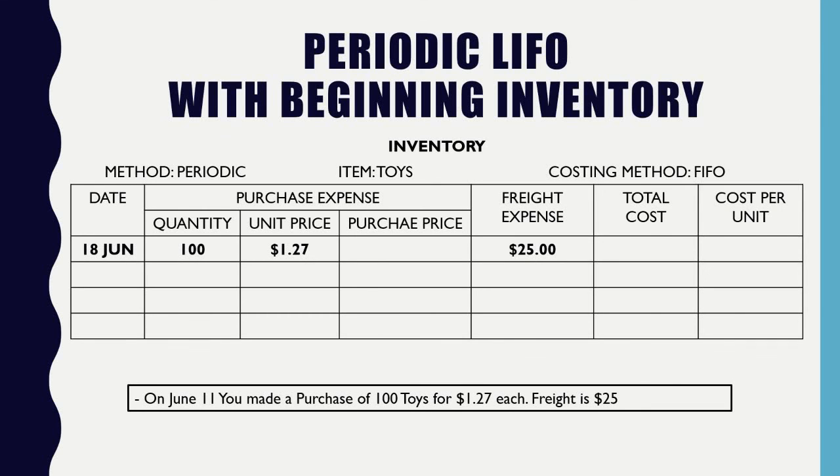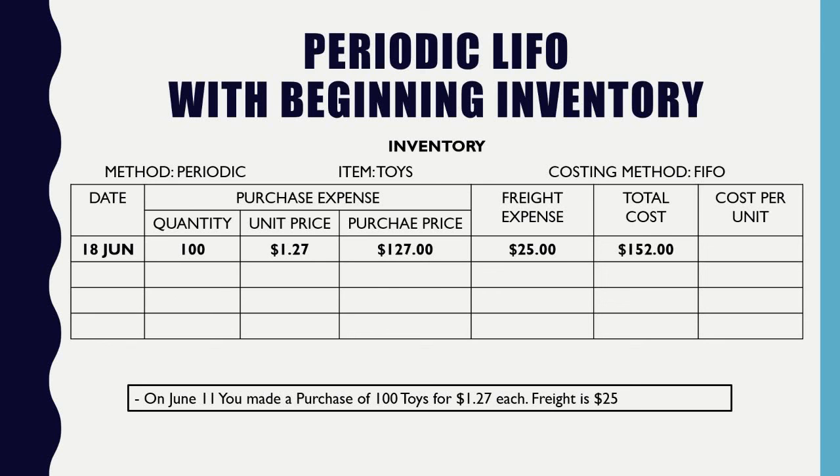So again, we're going to put the beginning inventory on the other side of our table, but unfortunately this PowerPoint's not big enough to display everything. So I'm only focusing on my purchases. Here I've journalized, or I'm recording, my first batch of 100, going to get for 127. Total cost is going to be 152.